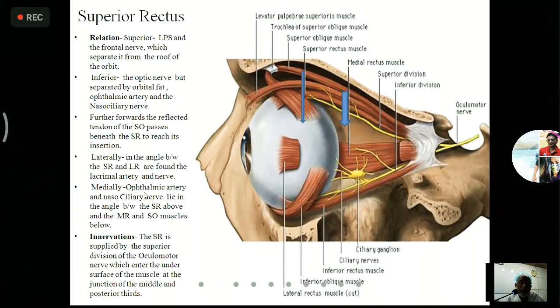Medially, the ophthalmic artery and nasociliary nerve lie in the angle between the superior rectus and medial rectus, and this is the medial rectus and superior oblique. Around the superior oblique, we find the ciliary nerves and ciliary ganglion, lying in the angle between the superior rectus and medial rectus.